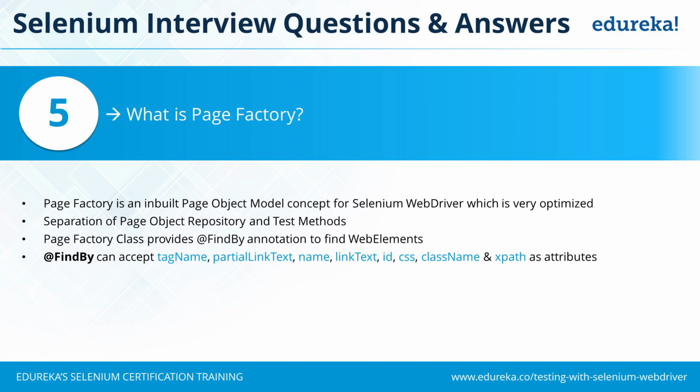It provides its own annotation known as @FindBy, and FindBy can accept tag name, partial link text, name, link text, ID, CSS, class name, and XPath as attributes. So all the major locators of Selenium are supported by the @FindBy annotation, and you can find any of the elements with the help of these attributes.